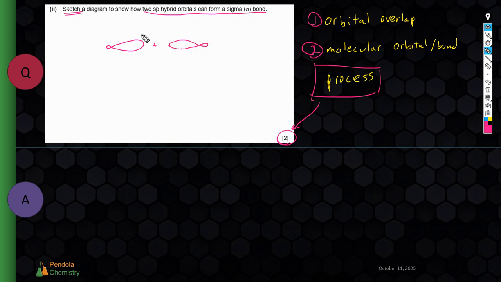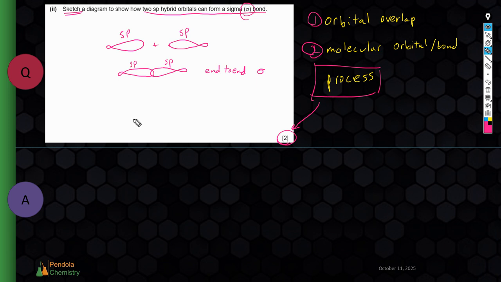These 2 are going to come together to overlap. So I'm going to show my sp hybrid orbitals, and I'm going to show my overlap. And notice how this is end-to-end overlap, because we are drawing a sigma bond. So this is the sp orbital overlapping with the other sp orbital.